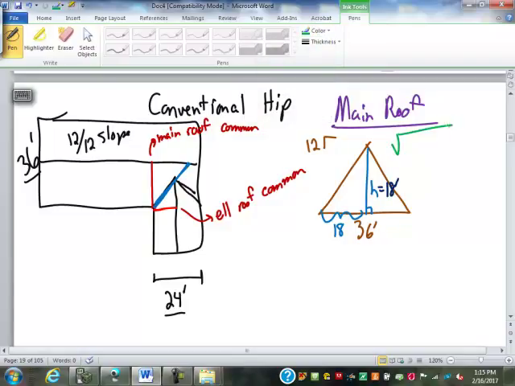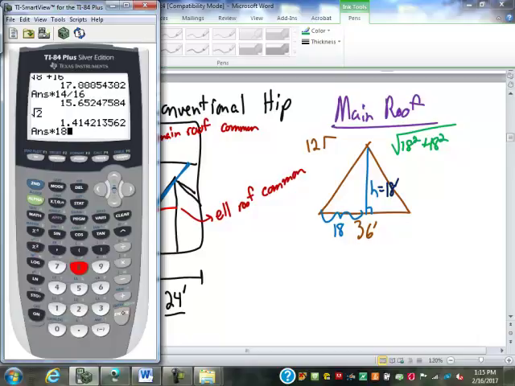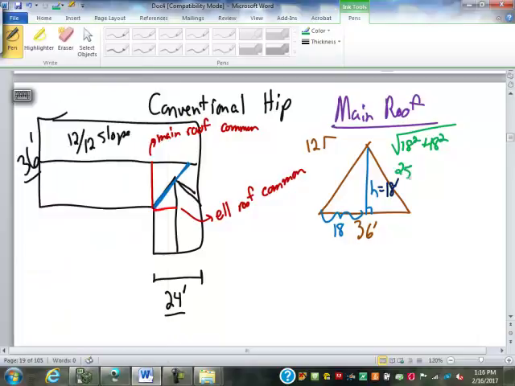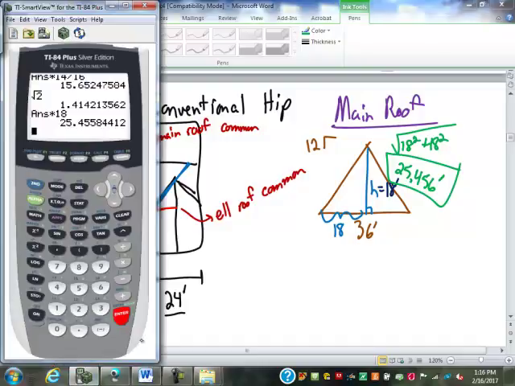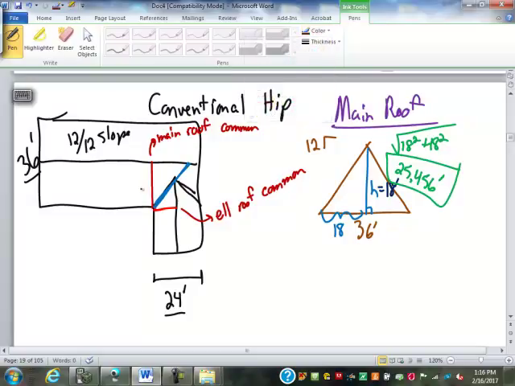So then J up here is the square root of 18 squared plus 18 squared. That's 25.456, right? 25.4558 technically, but 25.456. So this here.